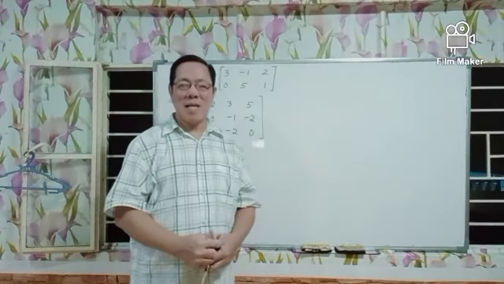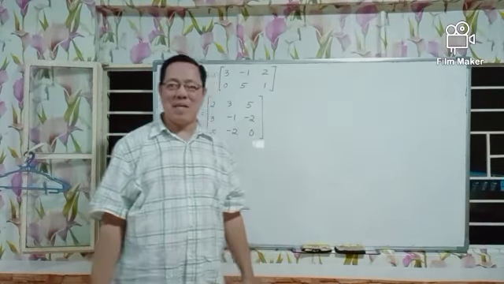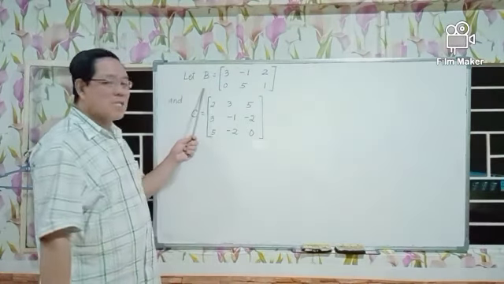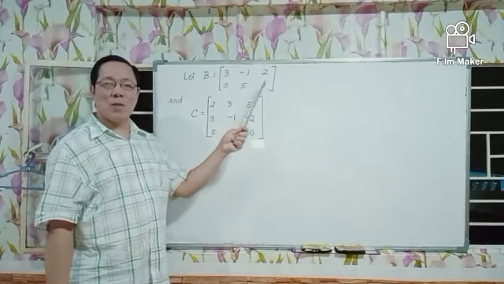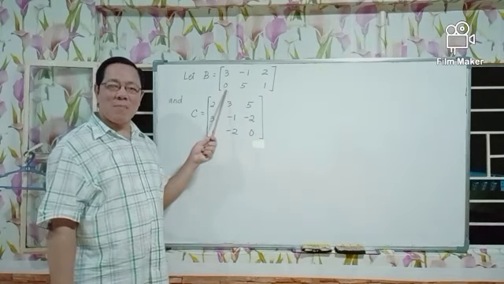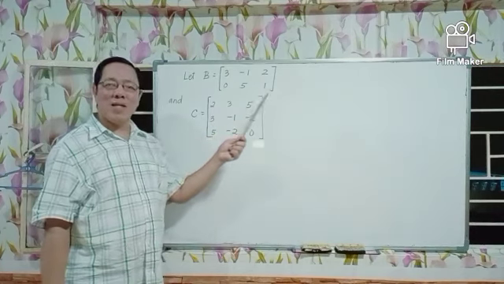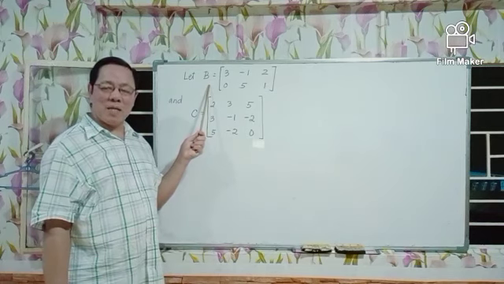For our examples in getting the transpose of a matrix, consider the following matrices. Matrix B has entries in the first row 3, negative 1, 2, and entries in the second row 0, 5, 1. So you can say that B is a 2 by 3 matrix.